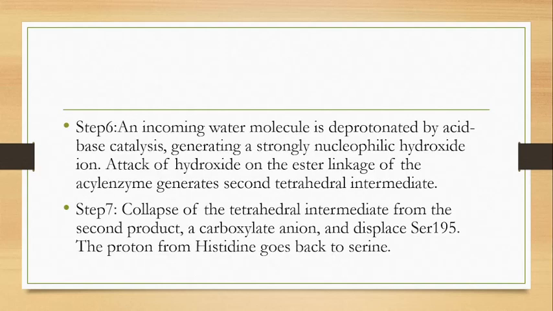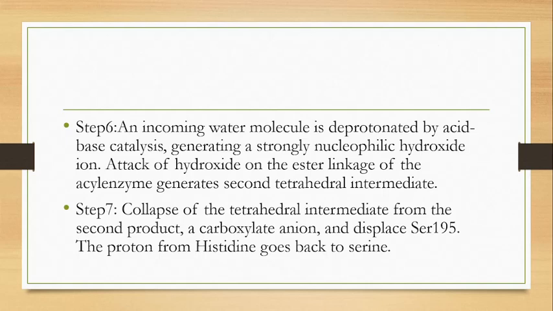In step 6, an incoming water molecule is deprotonated by acid-base catalysis, generating a strongly nucleophilic hydroxide ion. Attack of hydroxide on the ester linkage of the acyl enzyme generates a second tetrahedral intermediate.